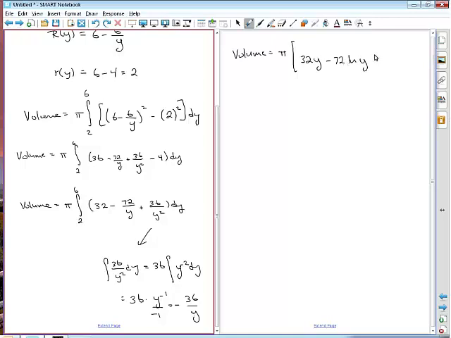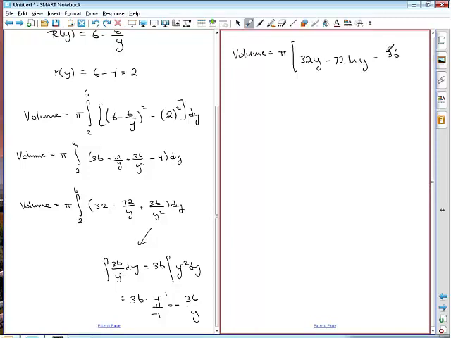So this part becomes minus 36 over y. And we evaluate that, integrating with respect to y, from y equals 2 to y equals 6.